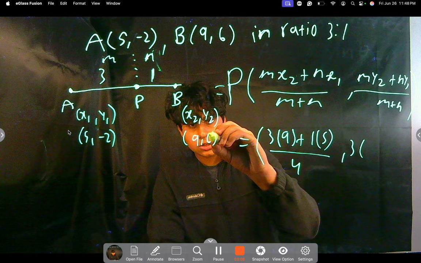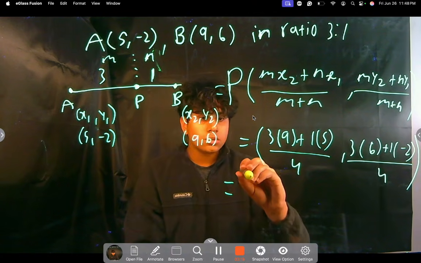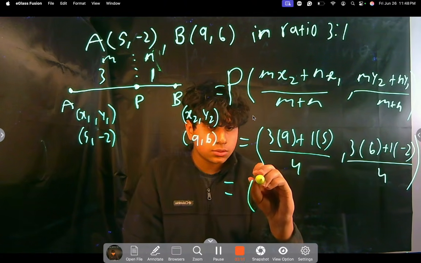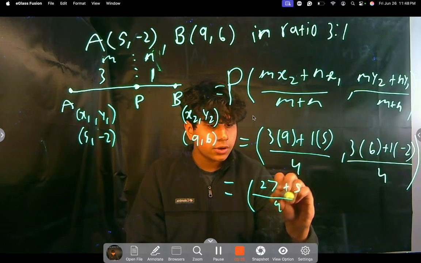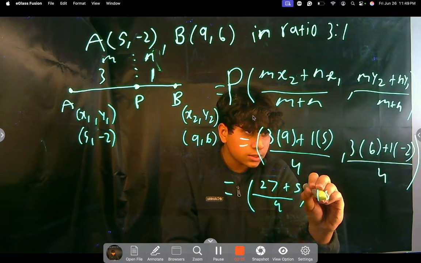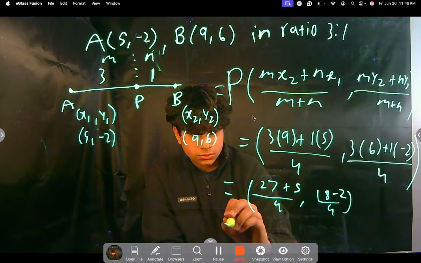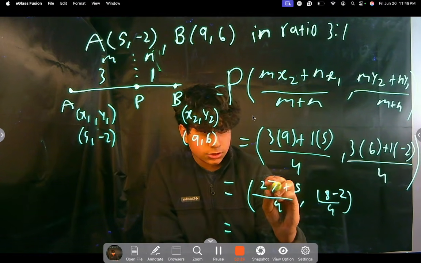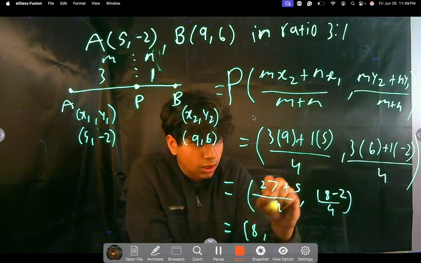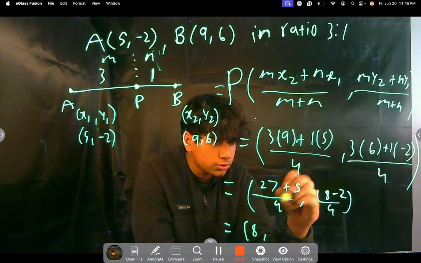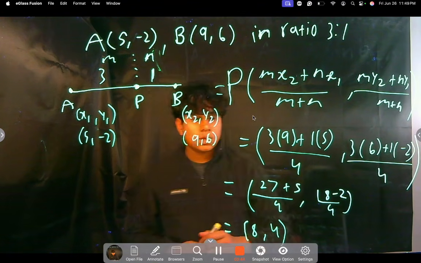Now you just solve this. 3 times 9 is 27, plus 5 over 4, comma, 18 minus 2 over 4. This is 32 over 4, which is 8, comma, 18 minus 2 is 16 over 4, which is 4. So point P is 8 comma 4.